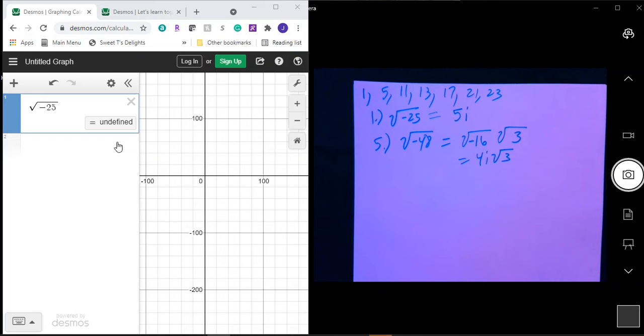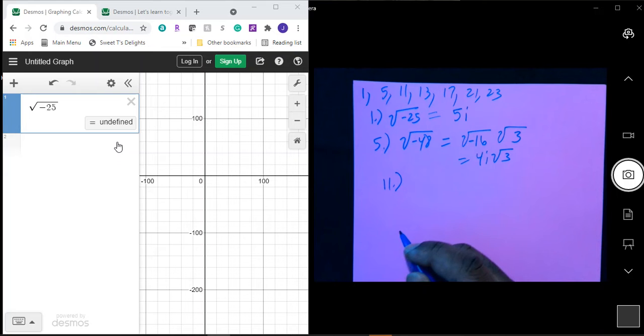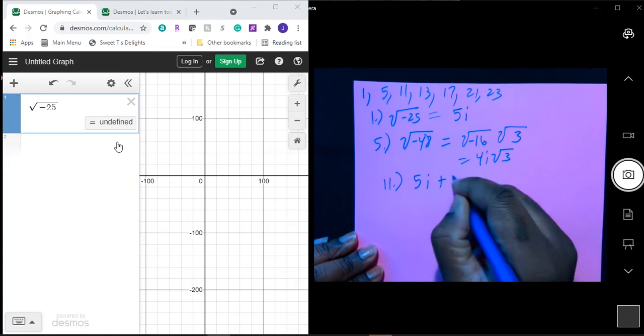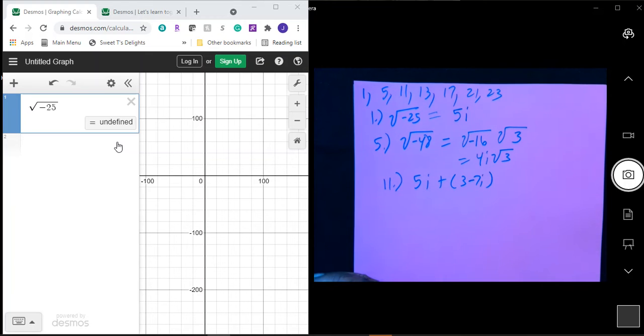Okay, now we will go on to problem number 11. Problem 11, we have 5i plus 3 minus 7i. It says in exercises 9 through 13, perform the operations and express your answer in the form a plus bi, using your graphing calculator to verify the results.